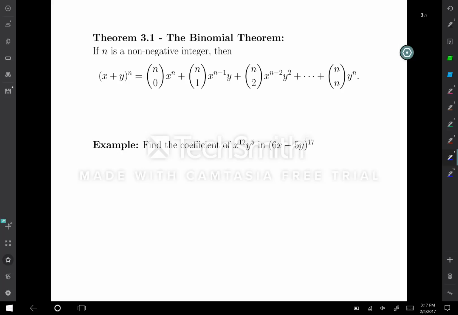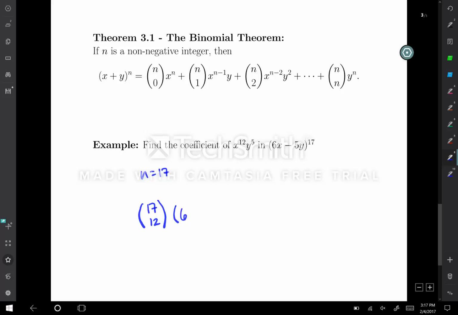So, using the binomial theorem, we can find that coefficient by noting that n, in this case, is 17. The coefficient of x we're looking for will involve the 12. So we need 17 choose 12.